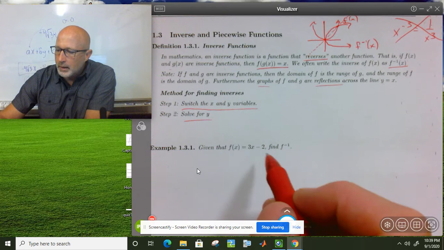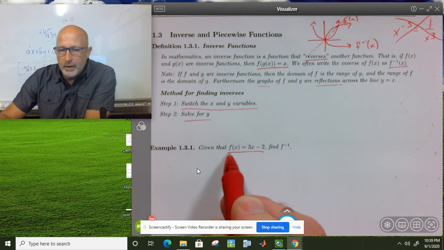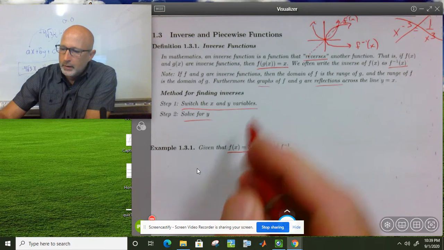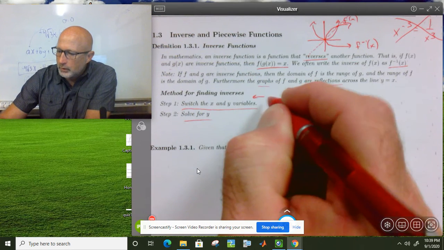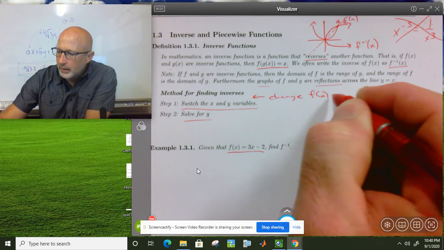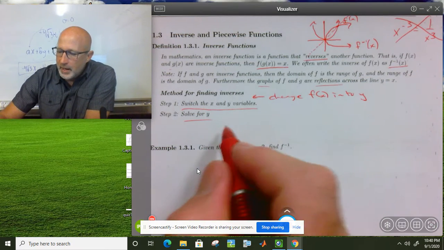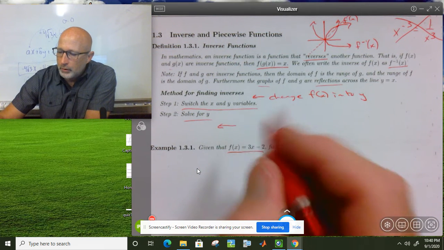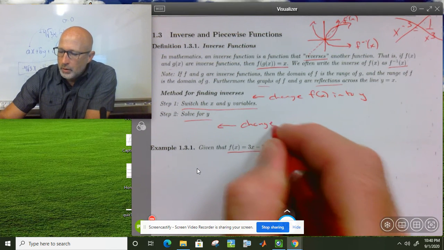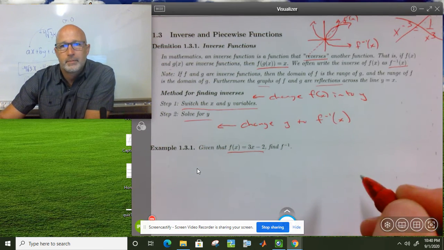When it's in this notation here, you first want to change f of x into a y. And at the end, once you get your answer, you're going to change y to f inverse of x.